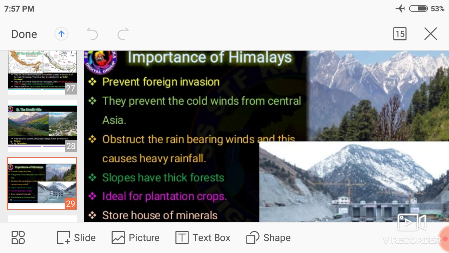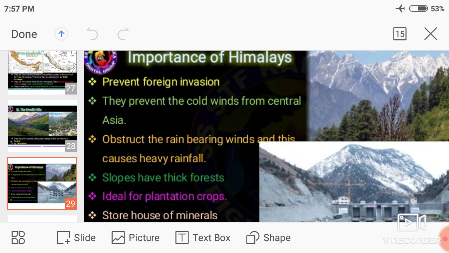I mean, orographic rainfall takes place because of the extent of the Himalayas. Heavy rainfall takes place because of the extent of the mountains.